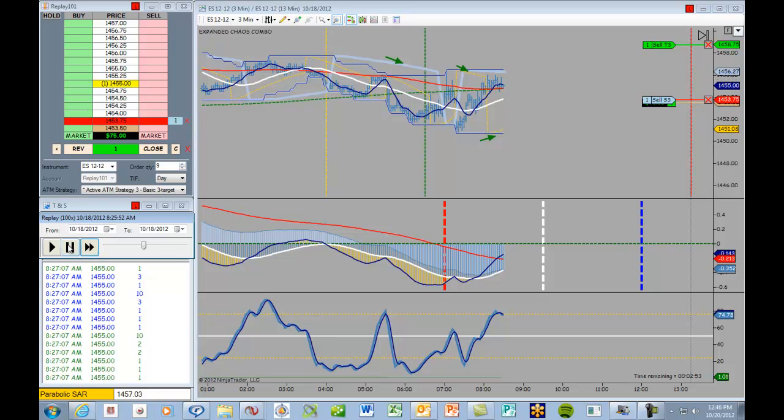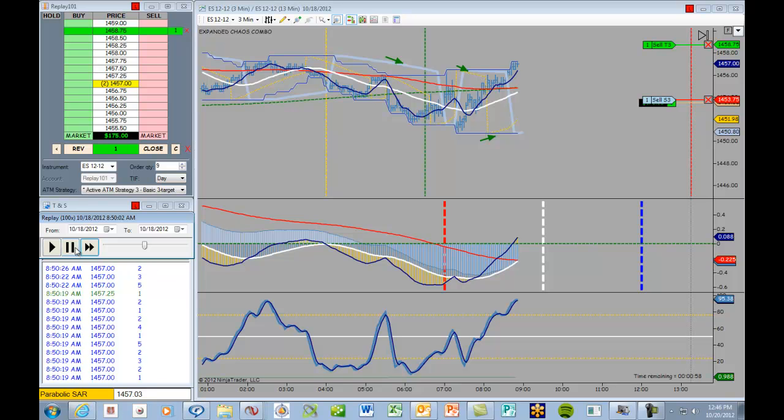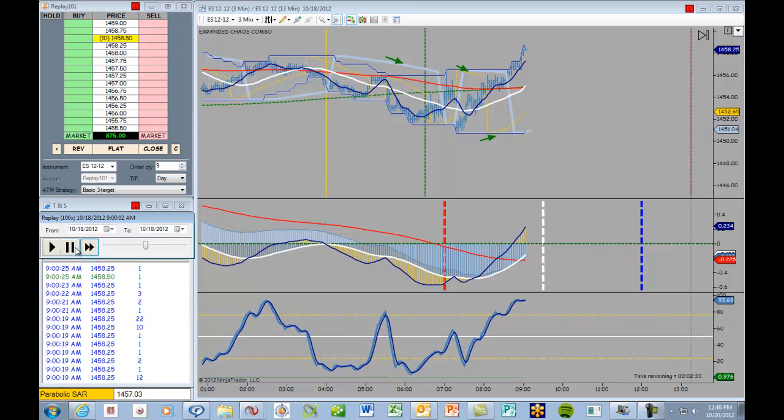And I think we can goose it up just a tad. Okay, all three targets hit this time. That's what we like to see.